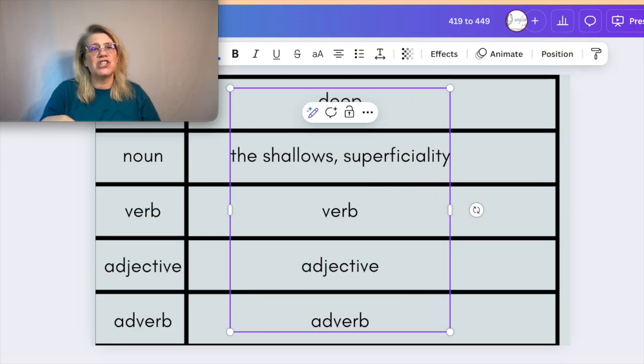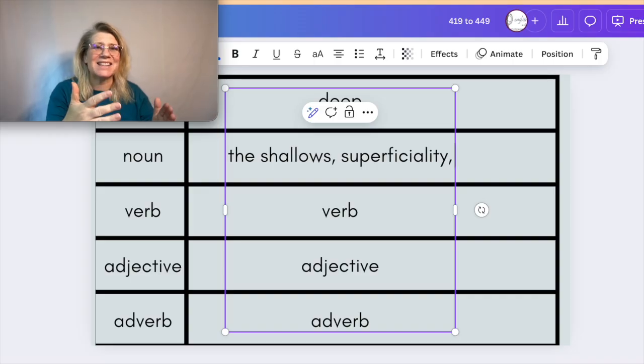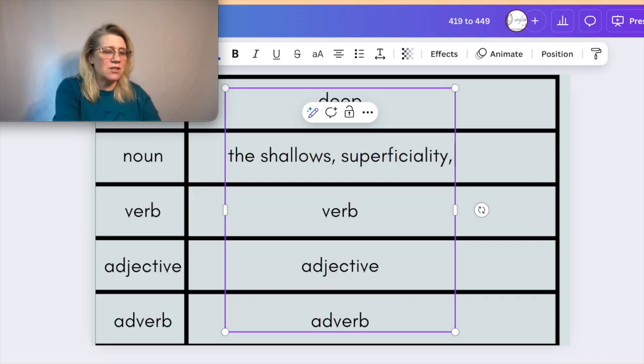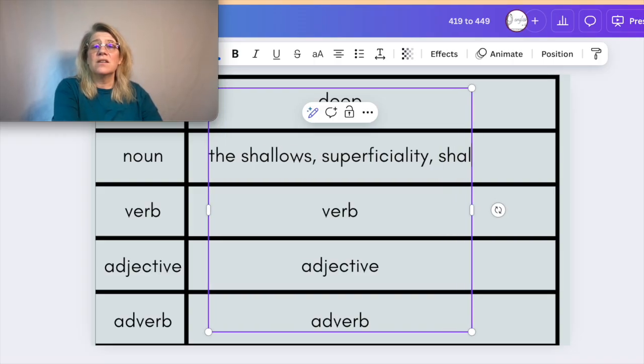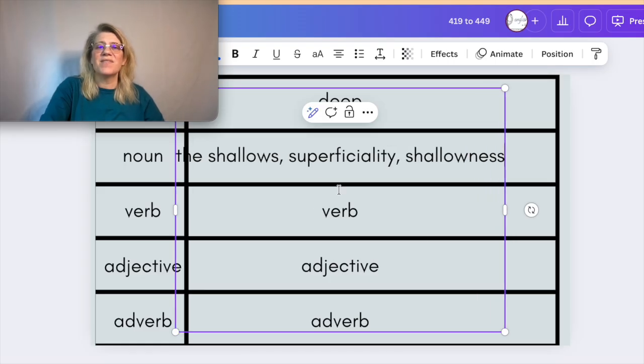His superficiality knows no bounds. You could also put the suffix -ness on the end of shallow to make it a noun: shallowness.